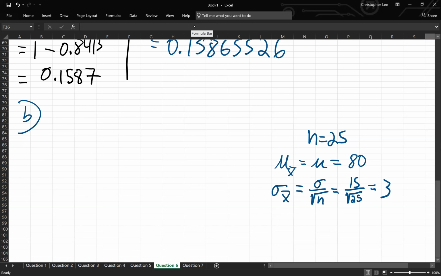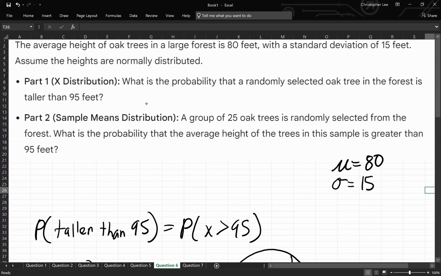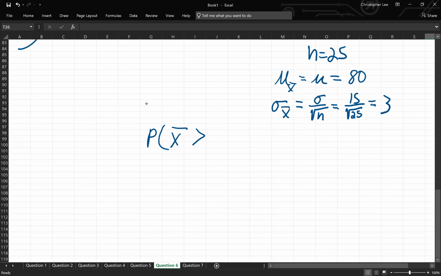That being said, they want to know what is the probability of X bar greater than, let me just scroll up because I forgot, 95. They want to know what's the probability of X bar greater than 95.